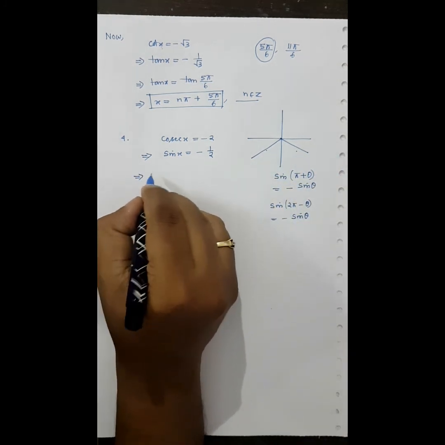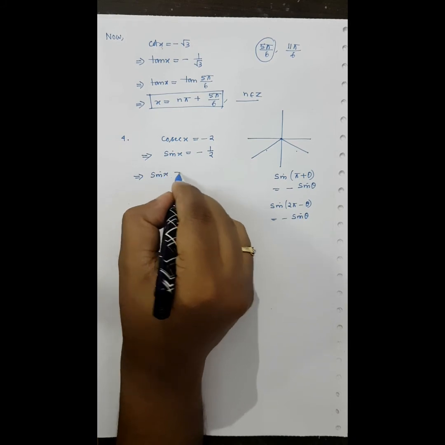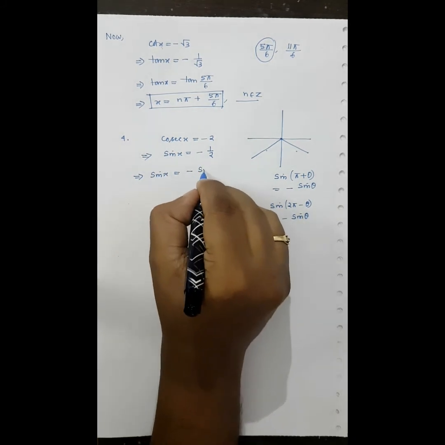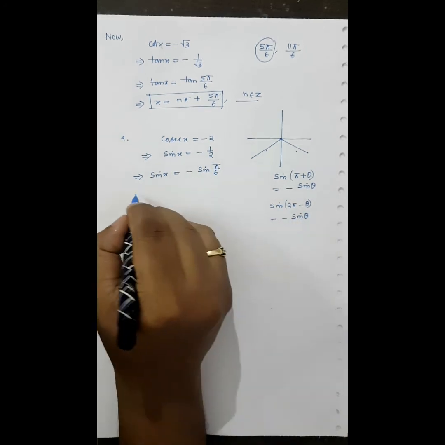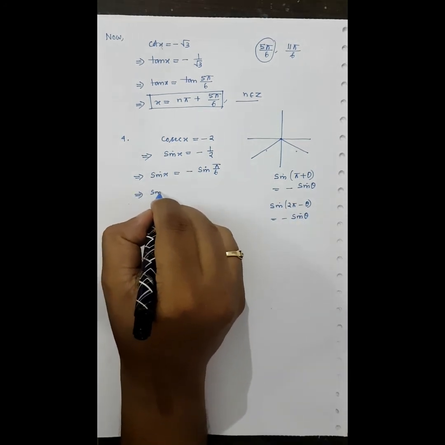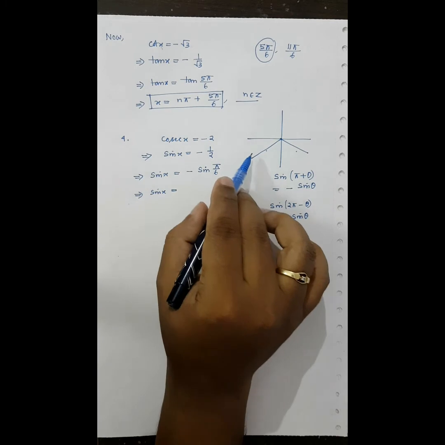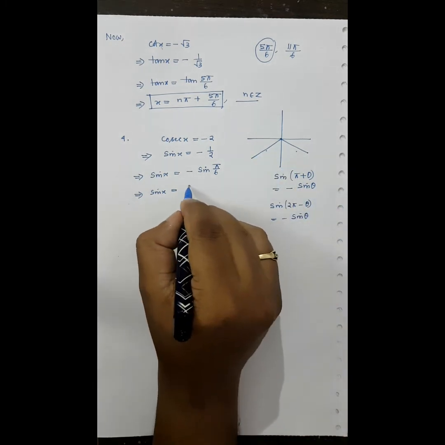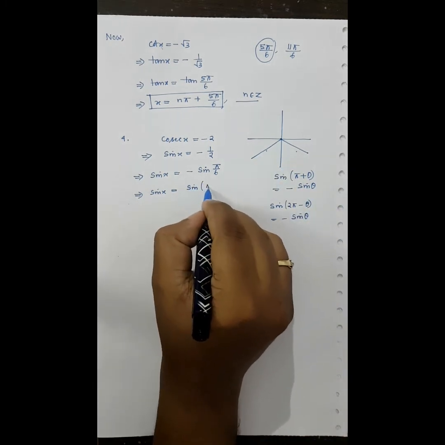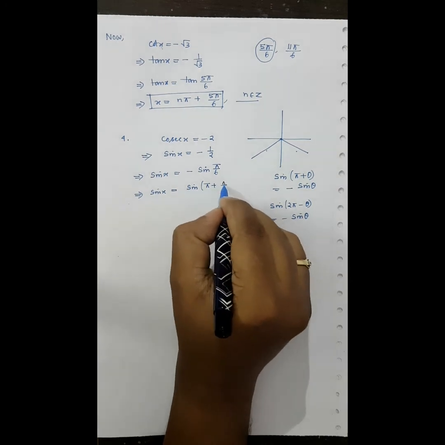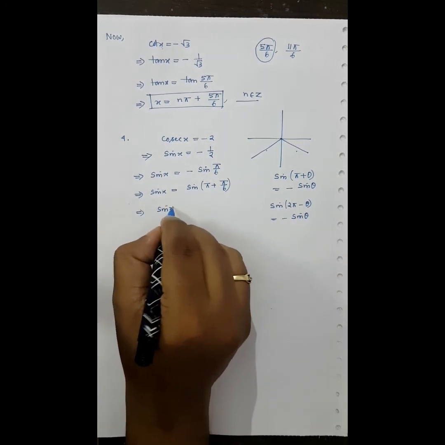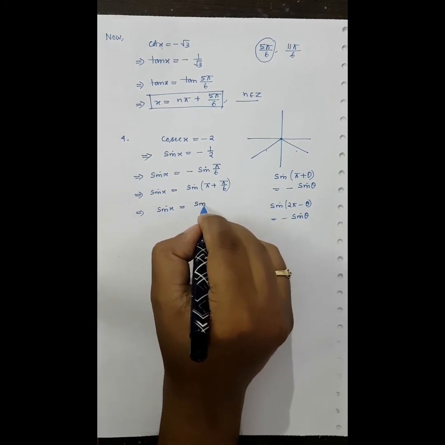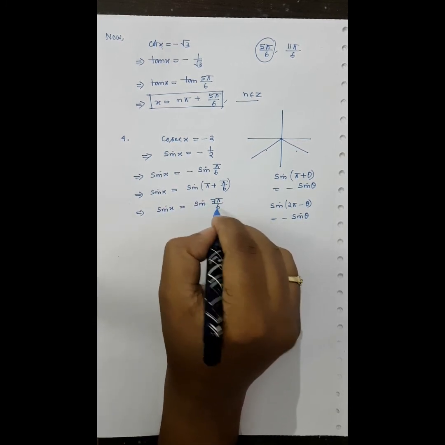So we can write sine x is equal to minus sine pi by 6. So we need to get the angles in the third and in the fourth quadrant. So you can write this as sine of pi plus theta. Hence we get sine x is equal to sine of 7 pi by 6.